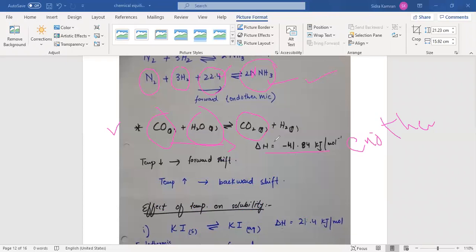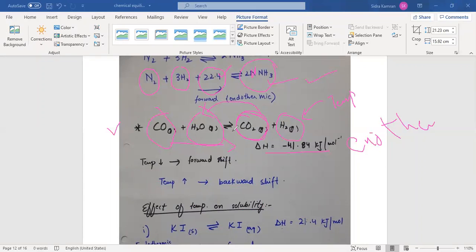If you increase temperature, it will move backward, because if you want to combine carbon dioxide and hydrogen, you have to add the energy, add the temperature to make them react and make carbon monoxide and water. So by the increase of the temperature, the equilibrium of this reaction will shift towards the backward direction.